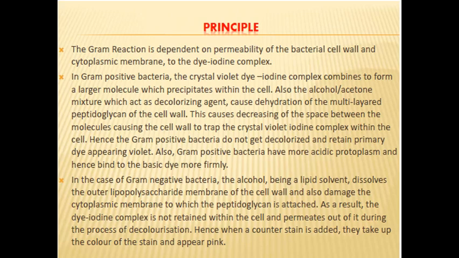That purple color appears under the microscope just because the primary purple color stain, crystal violet, remains as it is in the cell wall, and that's why that bacterial cell appears purple.